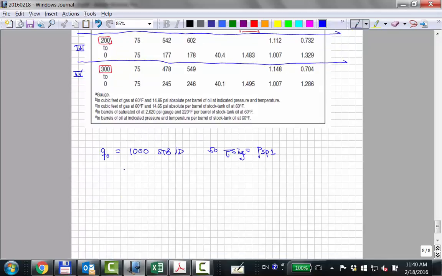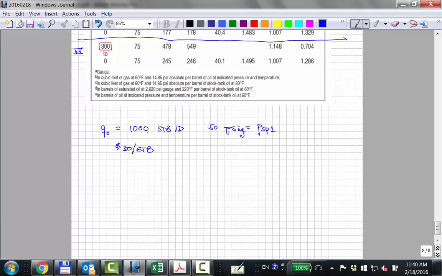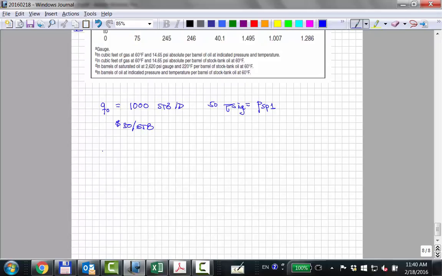We've got $30 per barrel. So sad, isn't it? So, what will be the oil rate with 100 psig separator pressure? What will that be?